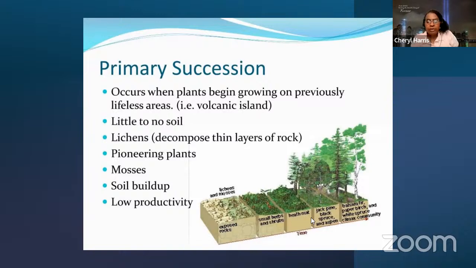And then the third stage, because they have added some more nutrients to the soil when they die and they recycle the organic materials that they're made of, then they add a little more richness to the soil. And they change the composition of the soil so that plants can actually get in and grow deeper roots.